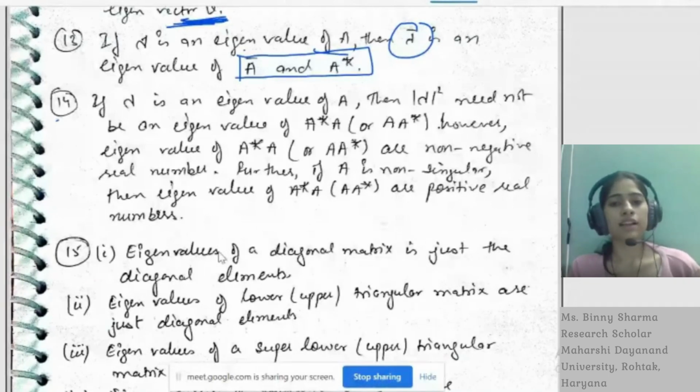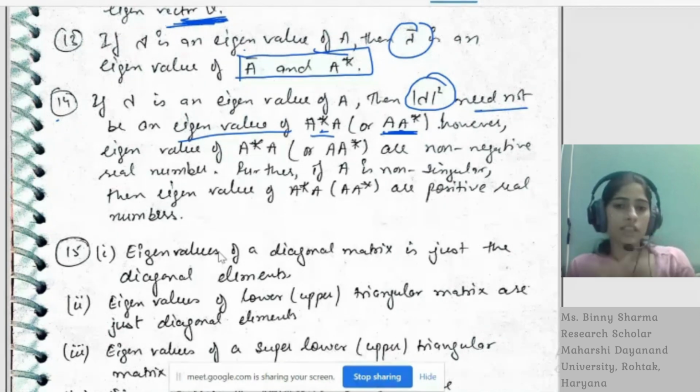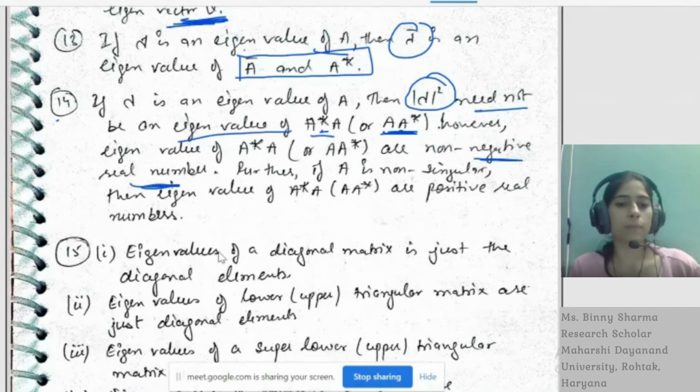If lambda is an eigenvalue of A and we have to find the eigenvalue of A star A, please keep this in mind: mod lambda square need not be an eigenvalue of A star A. We can just say eigenvalues of A transpose A or A transpose conjugate A are non-negative real numbers.